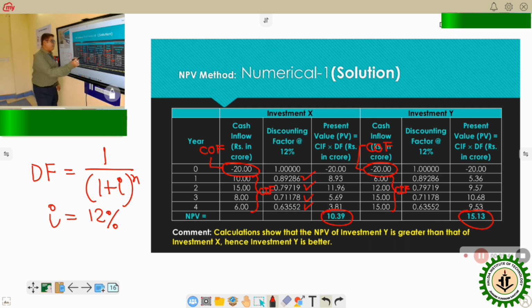So the NPV with higher positive value, that means this one, has to be accepted over investment X. That means from the NPV criteria we are getting both the NPVs to be positive, so we accept the higher positive value, which is in case of investment Y. So we accept investment Y with respect to investment X. So this is how we use the NPV rule to evaluate the investment proposals.